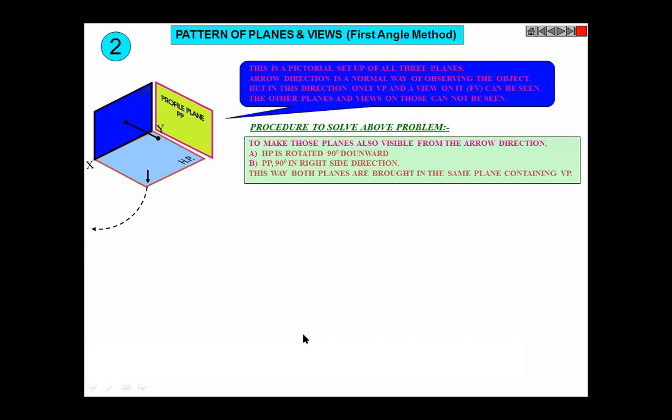Right now, if we see it from here, this plane will look like a line only. So we rotate it downward so that we can see two planes together, separated by the XY line. In the same way, in this direction, this plane is seen as a vertical line only, so we rotate it this way and it will come here.